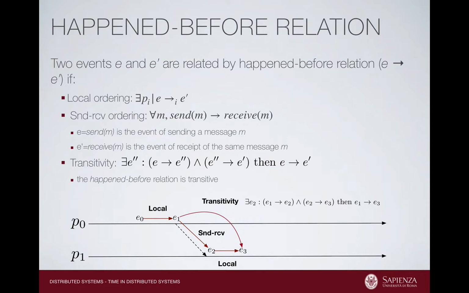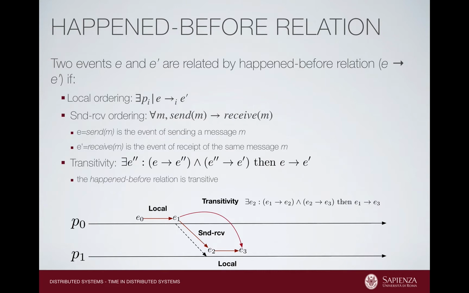The first one is the local ordering. Two events, one happened before the other, if there is a process that observes them one happening before the other. In this case, for events E0 and E1, we have that E0 happens before E1 because P0 observes E0 before E1. We call it the local ordering rule.